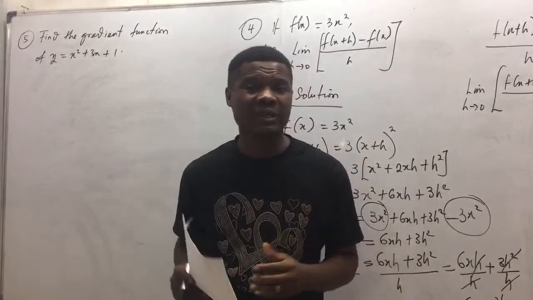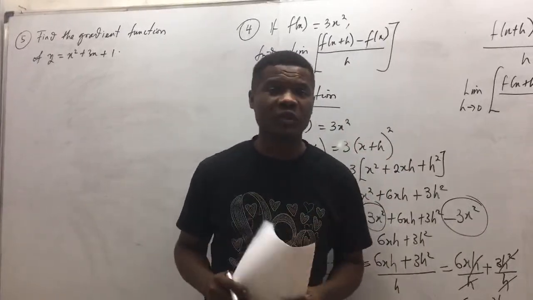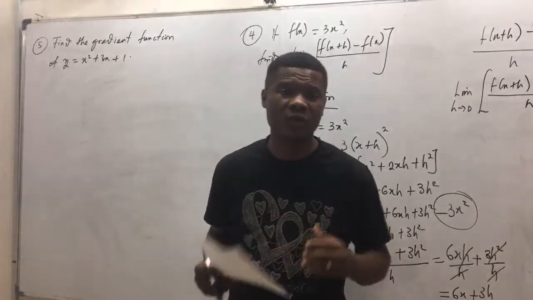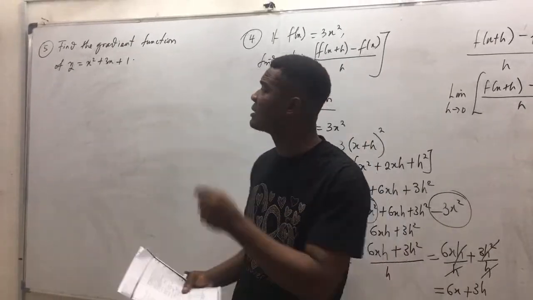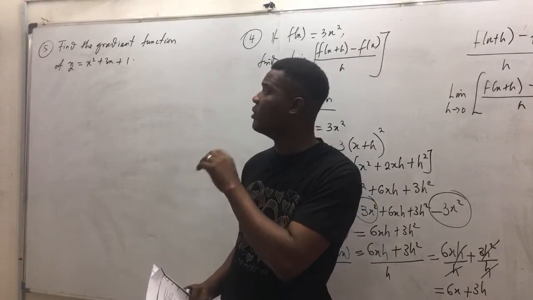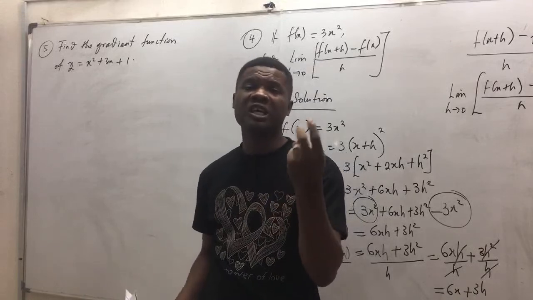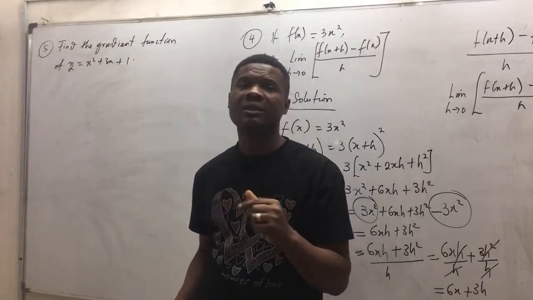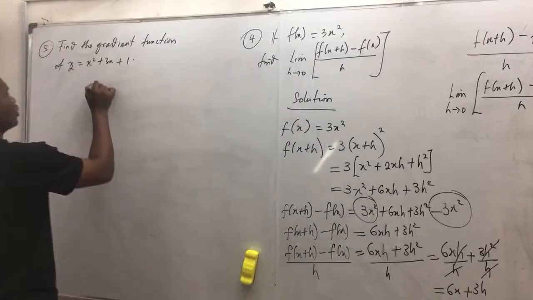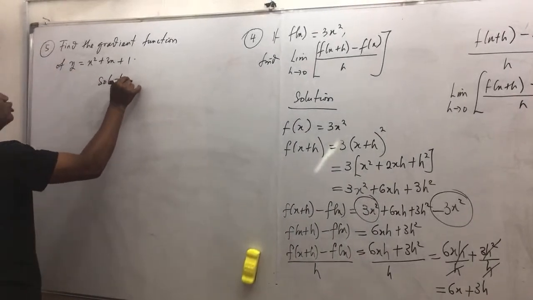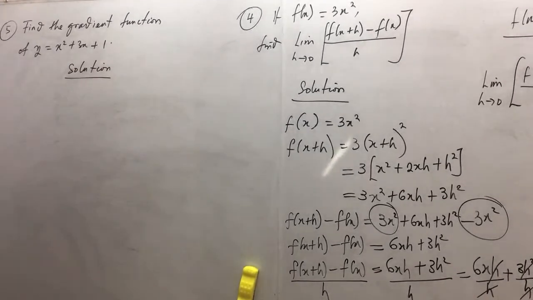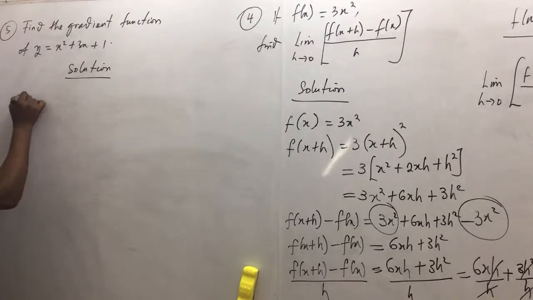Again, just in case you've not watched my video on derivative of a function or you'll be watching it later on, please take note that the gradient function is simply obtained by taking the ratio of a change in the dependent variable to that of the independent variable. Now, to solve this problem, all we have to do is the following. There are so many ways to go about it, but I'm going to use this.